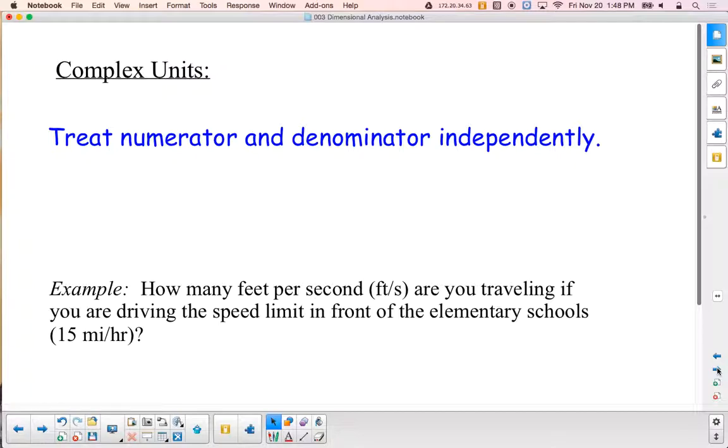So when you tackle problems like this, I want you to think about the numerator and do everything you need to do to the numerator, and then stop thinking about the numerator. And then think about the denominator and do everything you need to do to the denominator, and then stop thinking about the denominator, and then solve the problem.